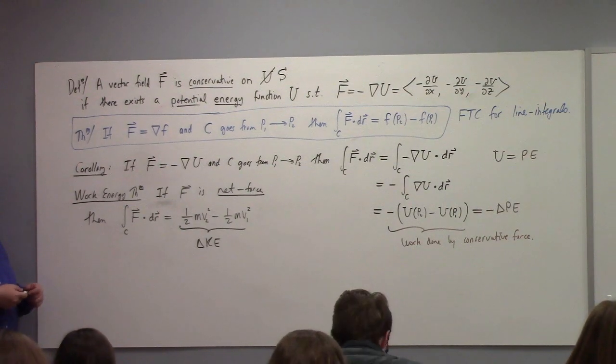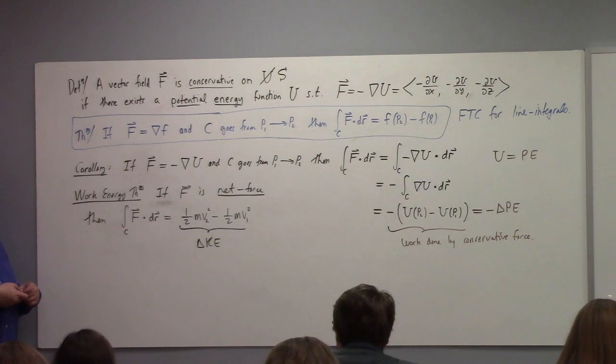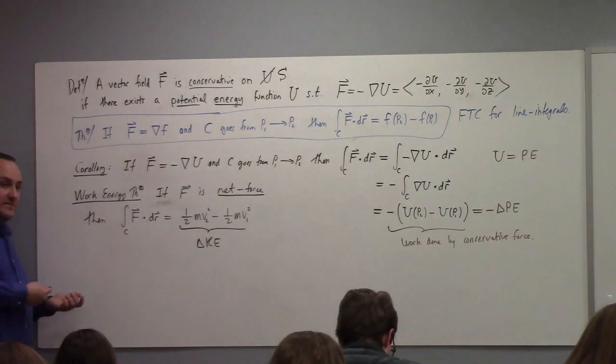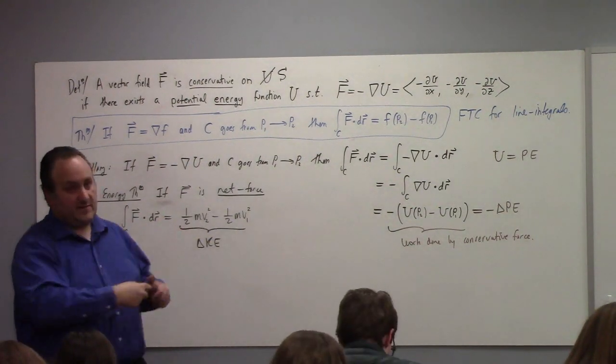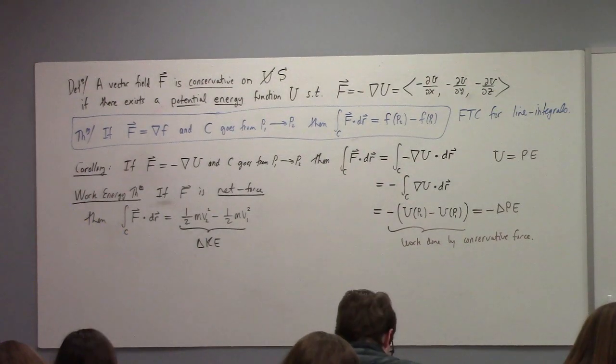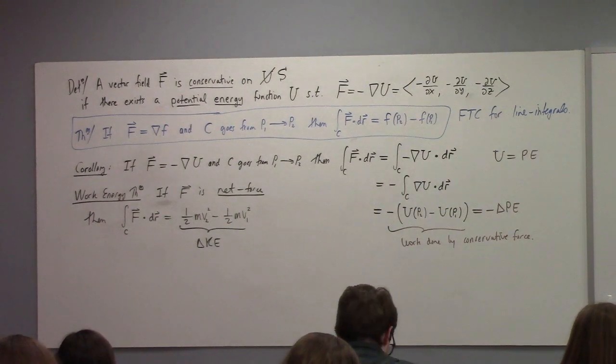All right? So what happens if the net force is a conservative force? Then we combine these two ideas, right? We get them both at once. And what does that mean? That means that the change in the kinetic energy is equal to minus the change in potential energy. And that is actually very interesting. Let me write it down.